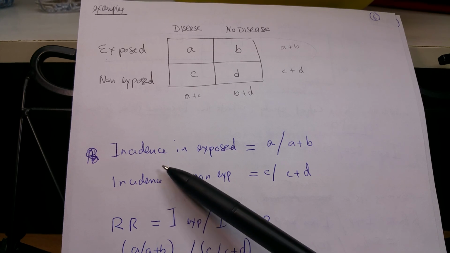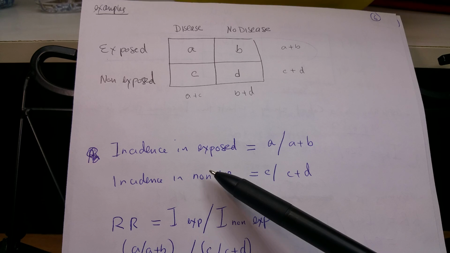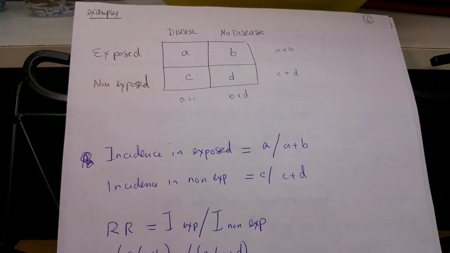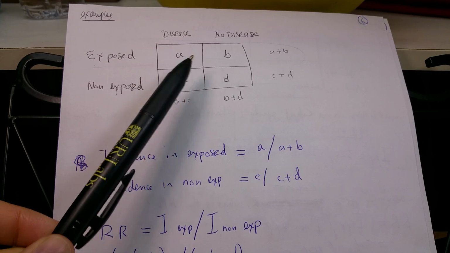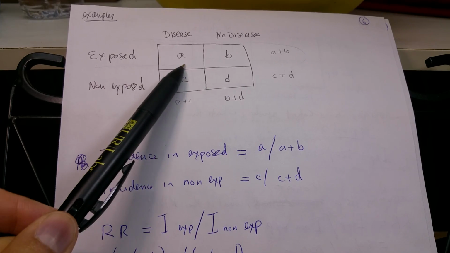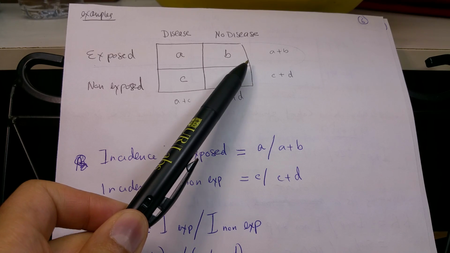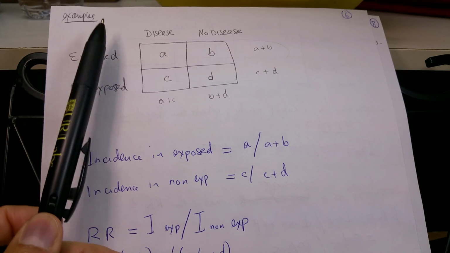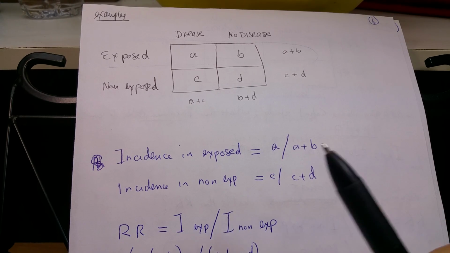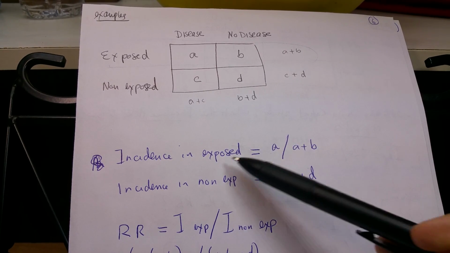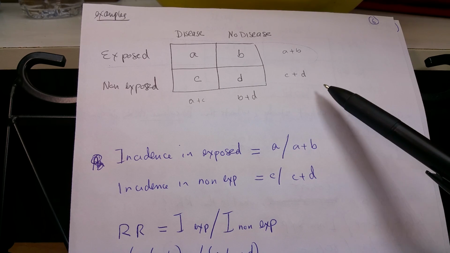So the incidence, if we are asked to get the incidence in exposed, we'll get it A divided by all the exposed, the disease divided by all the exposed. Well, the incidence in non-exposed is C divided by C plus D. This is the incidence in non-exposed.